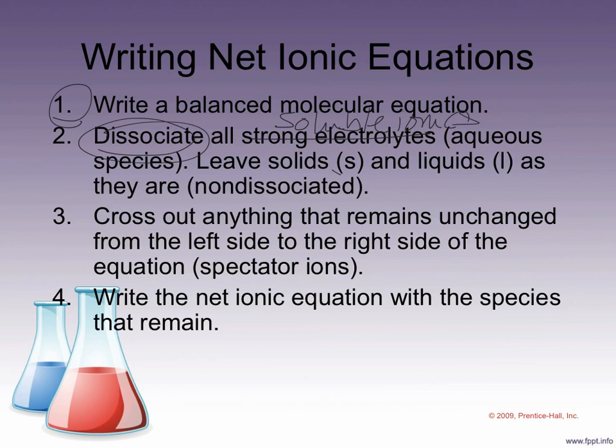You're going to leave pure solids and pure liquids intact, and if you have any type of covalent compound, remember you don't separate those. Then you cross out anything that's exactly the same on the reactant side and the product side. Remember, those are called spectator ions. And what's left over is the net ionic equation.